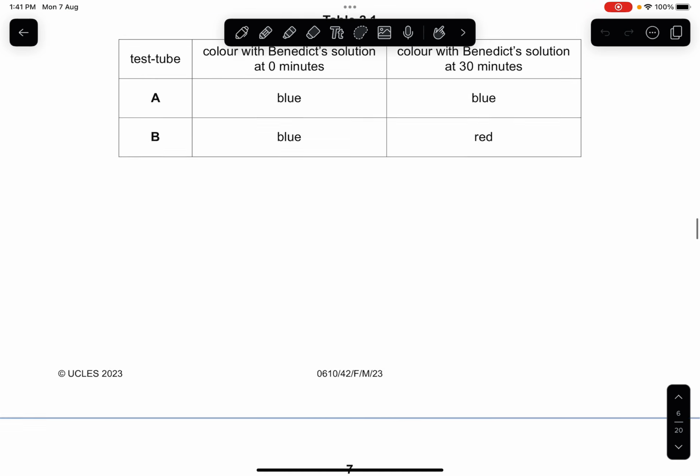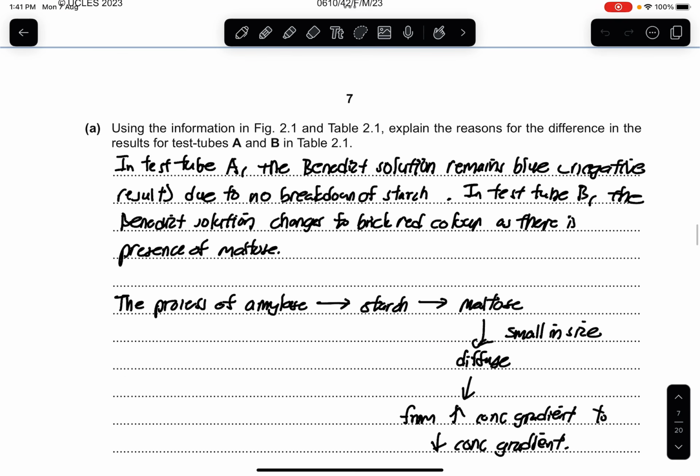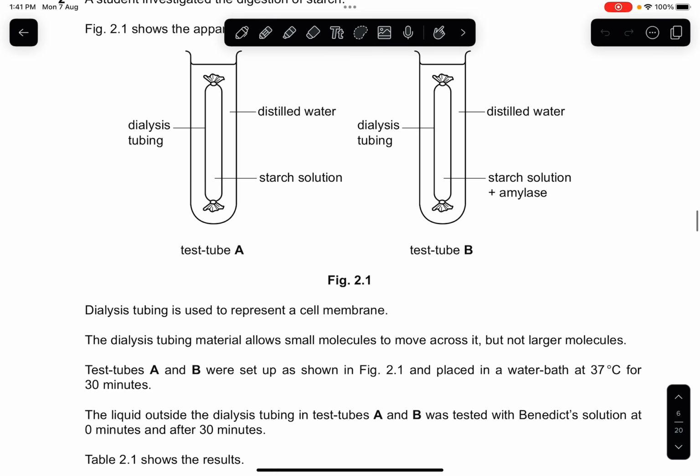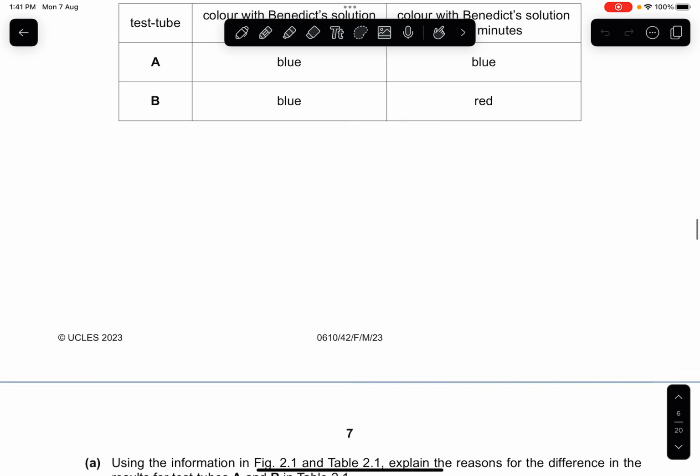So some people will ask me, why is it not active transport? Because maltose is technically a type of sugar, kind of like sucrose that's been actively transported in plants. But here it's not in a regular system, it's in a dialysis tubing, and it's small enough to pass through the membrane, so that's why it's diffused, something like dye.